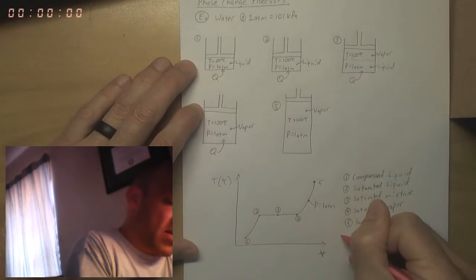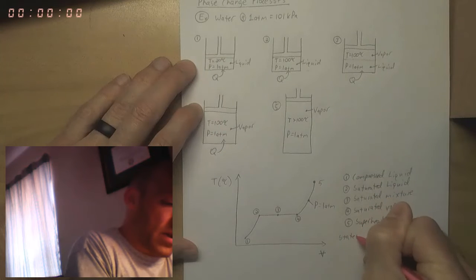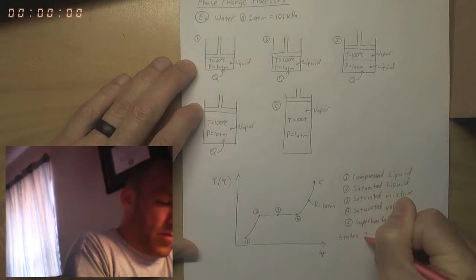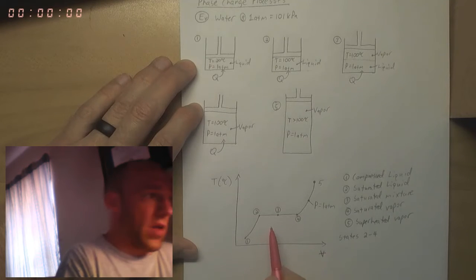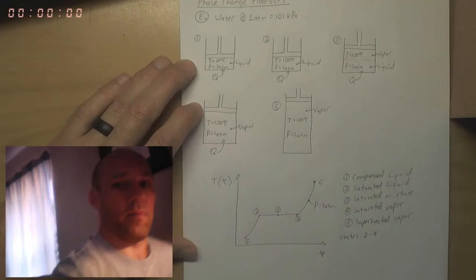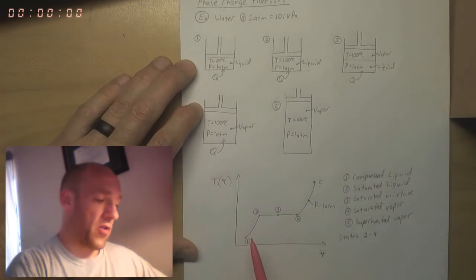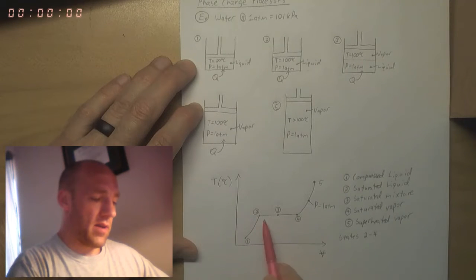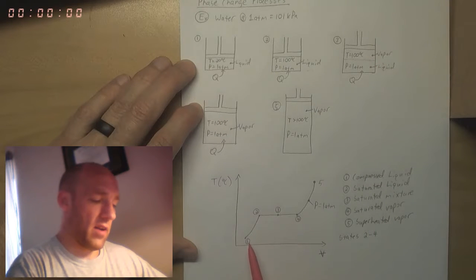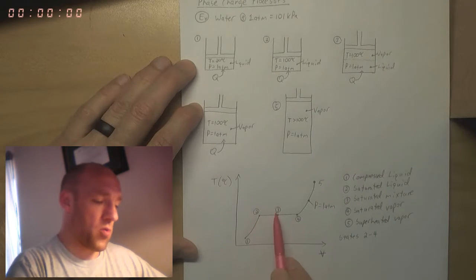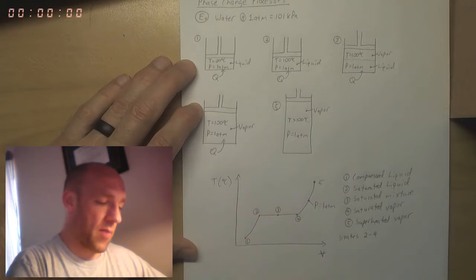So for states 2 through 4, notice that if all I gave you was the pressure and the temperature, I would not be fully specifying the state here, right? Because point 2, point 3, and point 4 all have the same temperature and pressure.